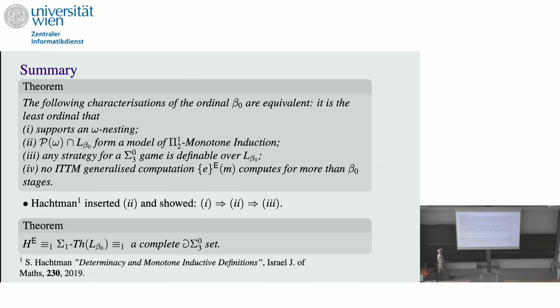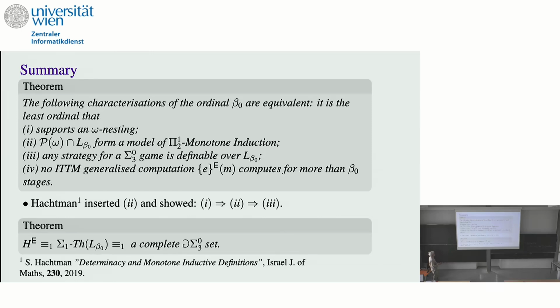Very nice result of Hachtman was he inserted 2 into this here. He showed that the reals in L beta 0 are a model of pi12 monotone induction. In fact, it's the least model of pi12 monotone induction. So this kind of gives another backing for this idea of nesting here.